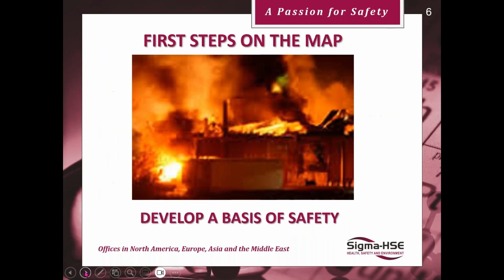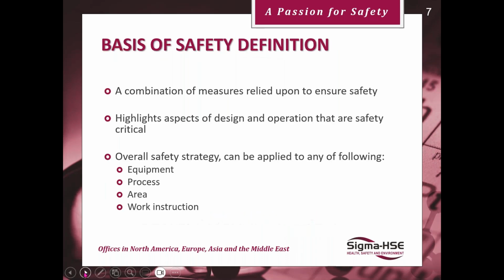So, first steps, developing a basis of safety. How do we progress with it? How do we choose the right basis of safety when we look at our processes? First thing you have to know is, what is a basis of safety? It's a combination of measures relied upon to ensure safety.